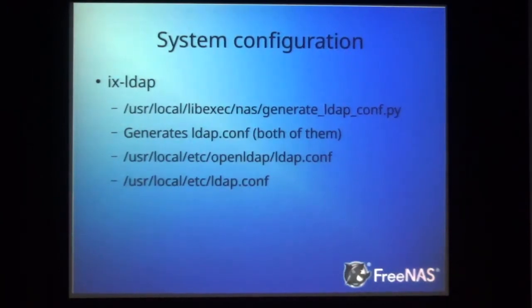And then if you're using anonymous binding, /usr/local/etc/ldap.conf will be generated and used. Once again, that's the old method of user and group resolution, but only when anonymous binding is used. It gets confusing when you have two ldap confs, and it's even more confusing when you start symlinking them to nss_ldap, which is required. I won't go into that though.